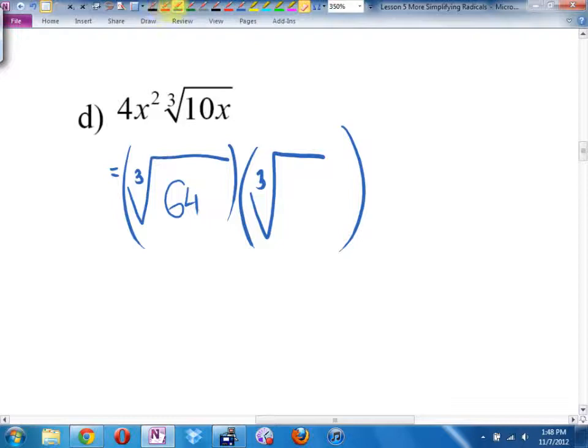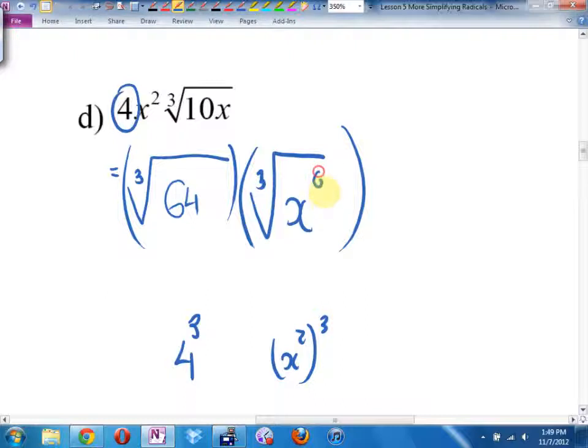How did you get this 64 from that 4 mathematically? You went like this. So wouldn't I go like that? Here's the question. What's the exponent? What do I do with that 2 and that 3? It's a 6. The cube root of x to the 6th is what gives you the x squared.